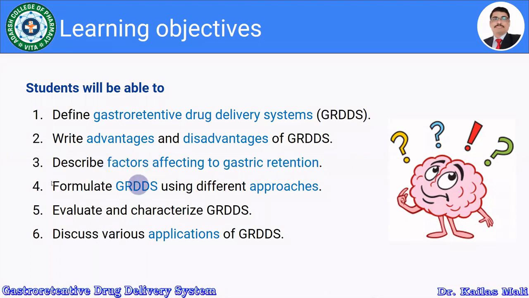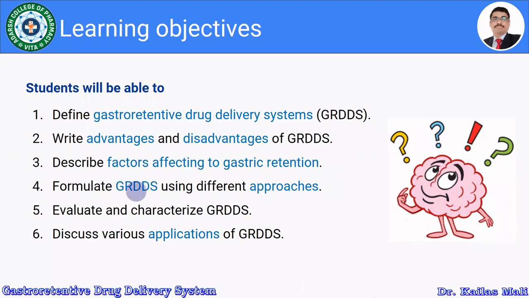Then we are going to discuss the different approaches to formulate the gastroretentive drug delivery system, for example, high density or low density, or the swellable and expandable system, then bioadhesive systems, and so on.